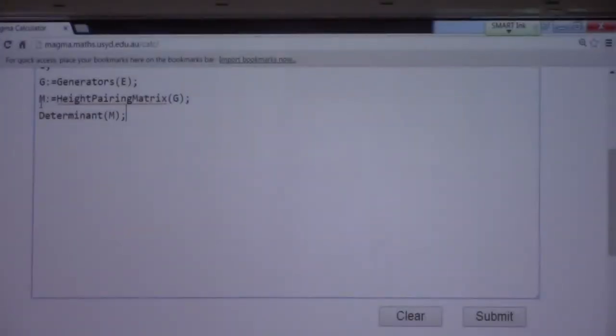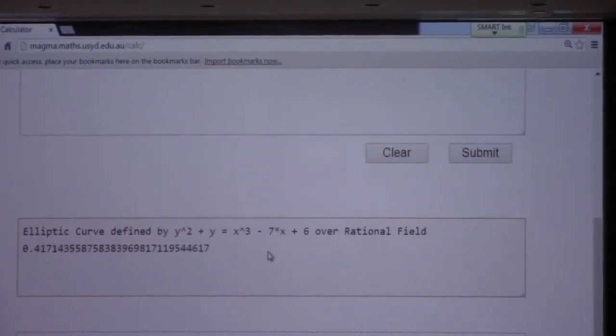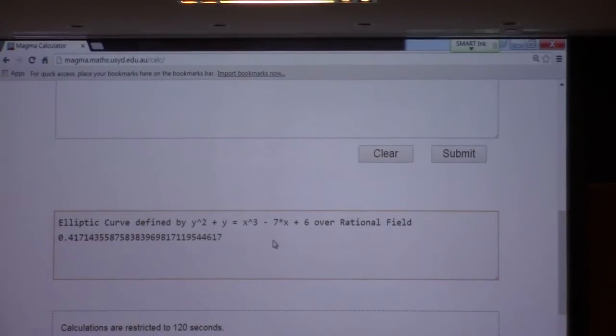We'll call that matrix M, and then calculate the determinant of M. Excellent. The determinant is 0.417, and those many digits is correct. So it is away from 0, so I know that number is non-zero, and they are independent. Well, the rank is at least 3. That's what this is telling me. Okay. All right.